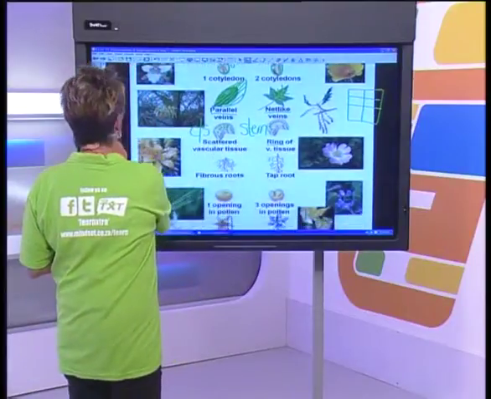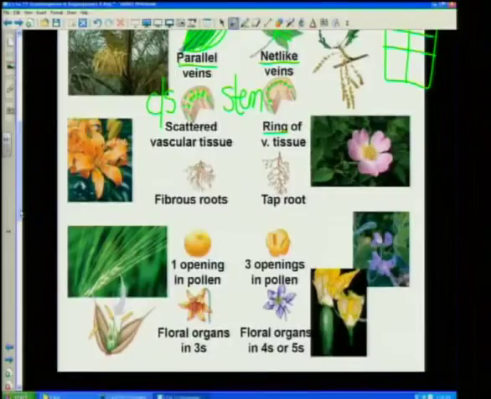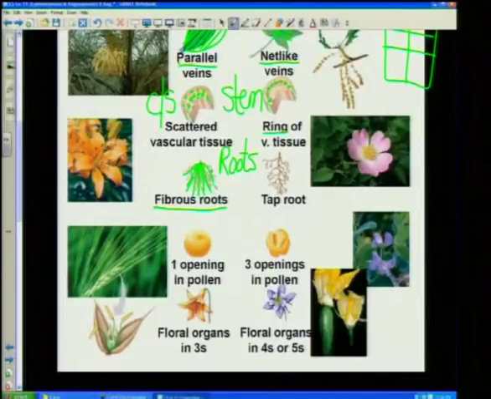Right, then, if you look at the roots, if you pull the plant out of the ground and you look at the root system, a fibrous root system means that growing out of the stem are lots of little roots. That's called a fibrous, or also known as an adventitious root system.